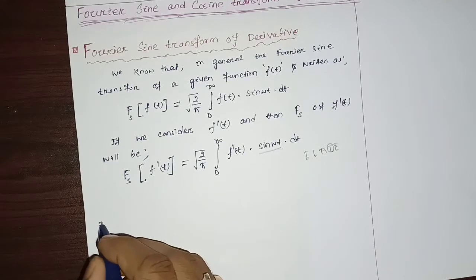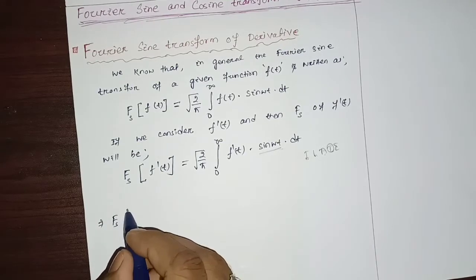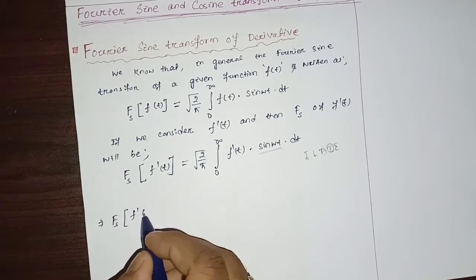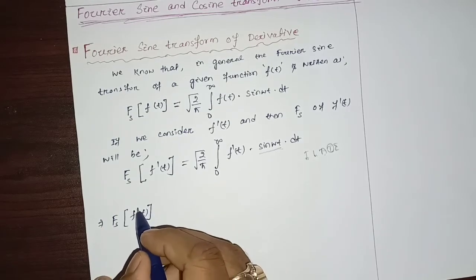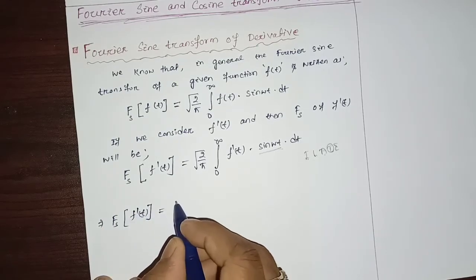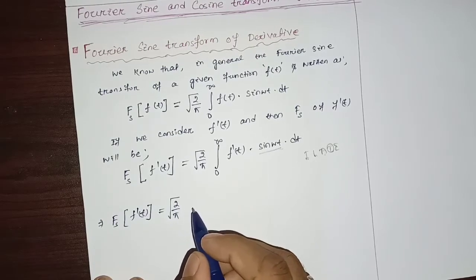So that implies the Fourier sine transform applied over the first derivative of a function, that is f dash t, will be equal to root over 2 by pi, okay, root over 2 by pi.